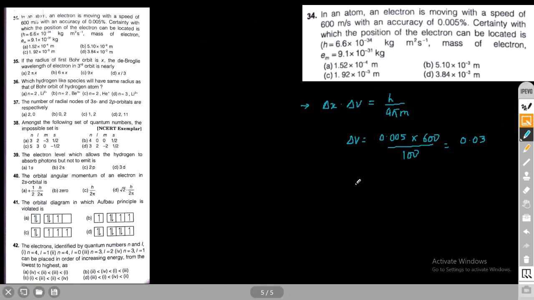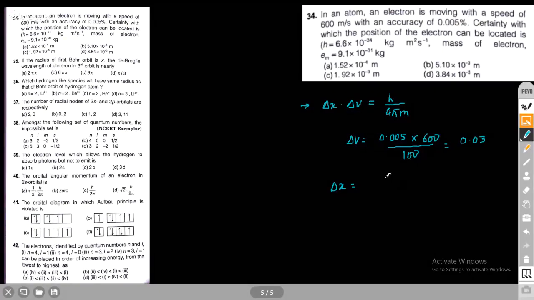Just we have to substitute the value and the value of del x will be, del x is equal to, h is 6.6 into 10 to the power minus 34 divided by 4, pi is 3.14, mass of the electron is 9.1 into 10 to the power minus 31, and then del v is 0.03.